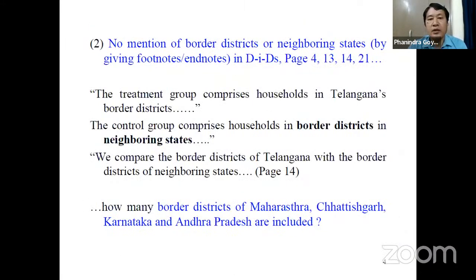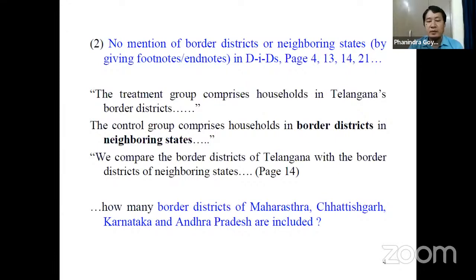Now, in the presentation, Abhishek has shown a diagram map showing border districts of Telangana as well as neighboring states. But in the paper, this map is not given. While the paper is comparing responses of households of border districts of Telangana with the border districts of neighboring states, taking a treatment group and a control group, I was looking for information on how many districts of border states like Maharashtra and Andhra Pradesh are included.